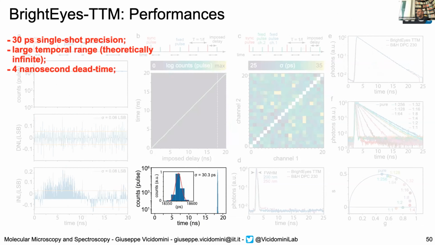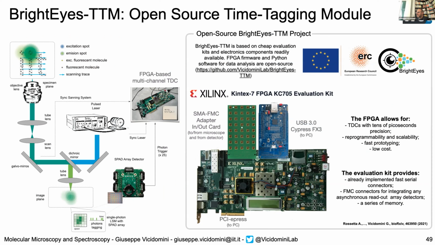This data acquisition has been developed using an FPGA, so if you have the ability, you can keep working on it and try to improve the performance of the card or add some new features. It is based on an evaluation kit that you can buy for a price of 2000, so relatively cheap compared to similar data acquisition systems that may cost more than 50K.